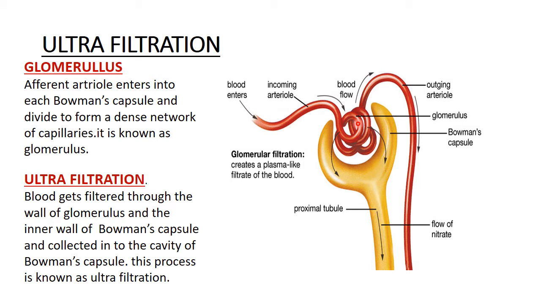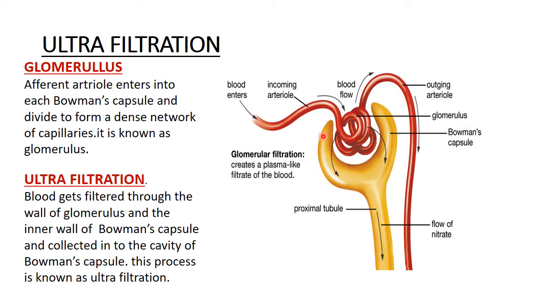How is it possible? We should know that the diameter of the afferent arteriole is higher than the diameter of the efferent arteriole. So the blood contained in the glomerulus has high blood pressure. Due to that high blood pressure, blood gets filtered through the wall of the glomerulus.